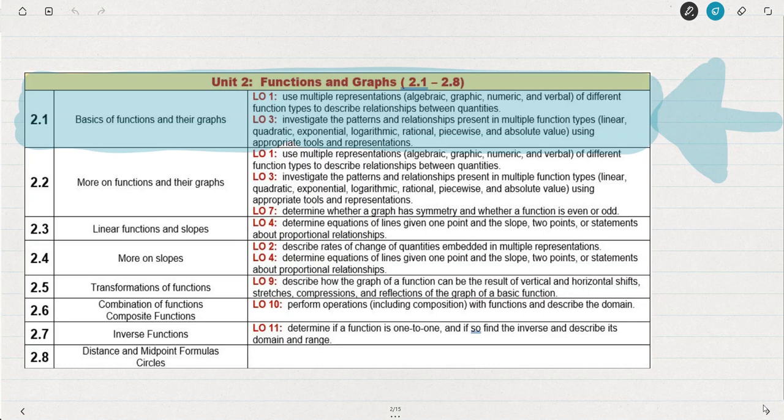Our objectives are to use multiple representations of algebraic, graphic, numeric, and verbal, multiple representations of different function types to describe relationships between quantities. And also, by the end of the section, students should be able to investigate the patterns and relationships present in multiple function types: linear, quadratic, exponential, log, rational, piecewise, absolute value, using appropriate tools and representations.